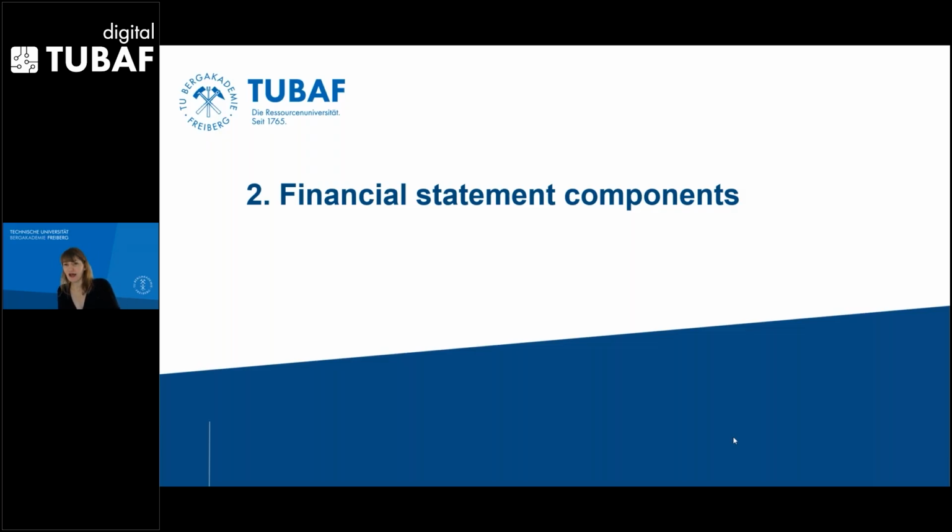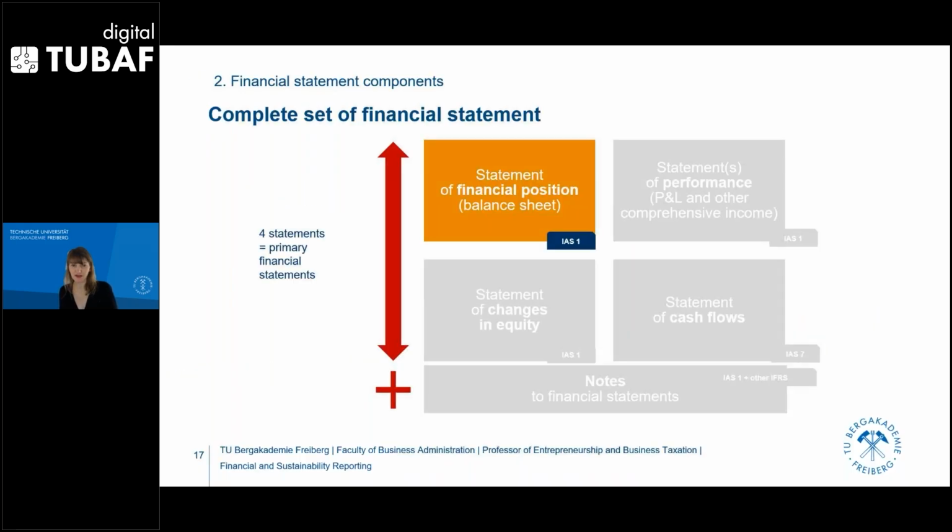And now the IFRS have a set of components which a financial statement consists of. According to International Accounting Standard 1, IAS 1, a complete set of financial statements consists of these 5 elements you can see here.